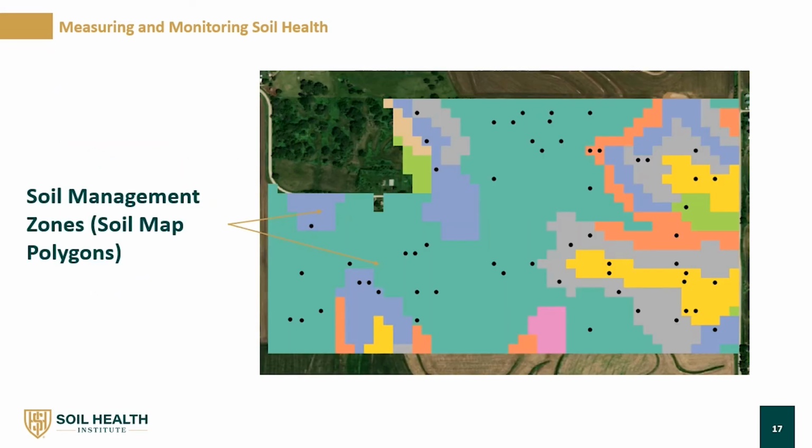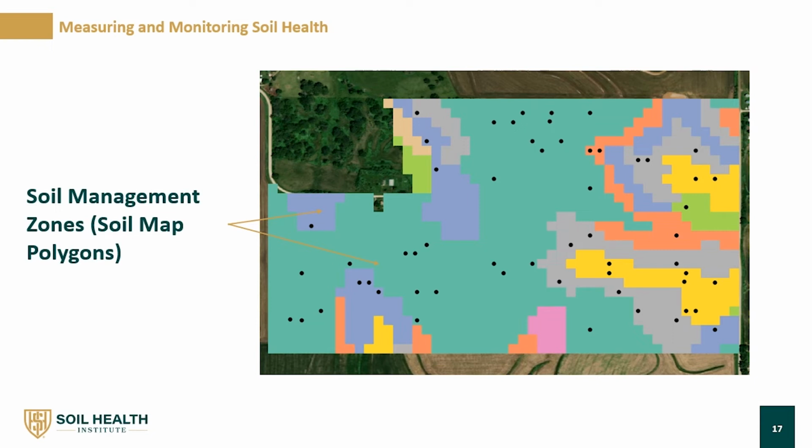The convenient thing about monitoring for soil health is that a lot of the existing precision ag tools that most CCAs are using have direct import to monitoring soil health. What we're looking at here is a soil management zone map. These are zones based on USDA soil survey data, and this is one of the ways you could identify management zones within a field.